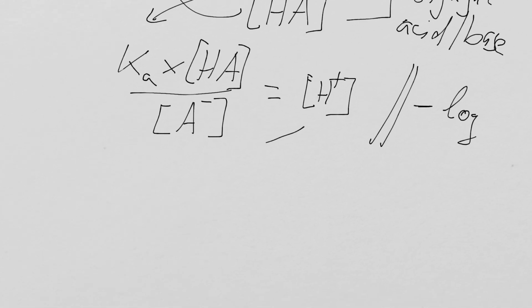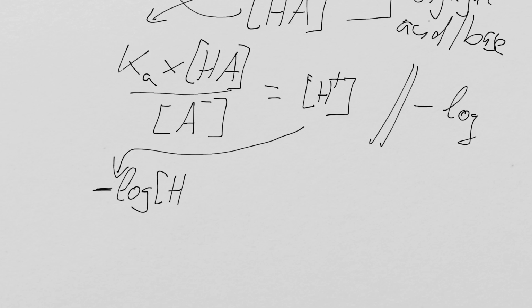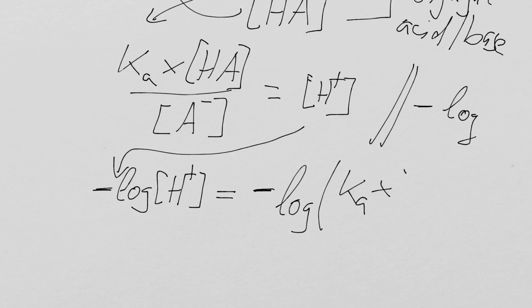Now on the right-hand side, we have minus log the proton concentration equals minus log of Ka times HA divided by A minus.